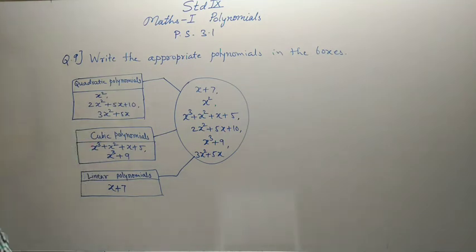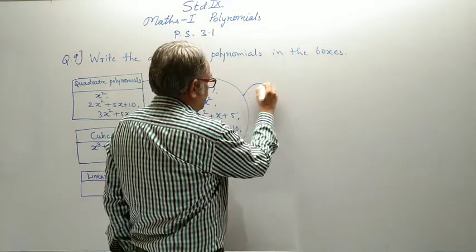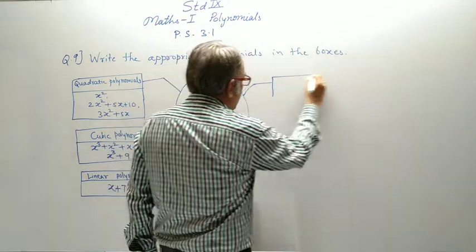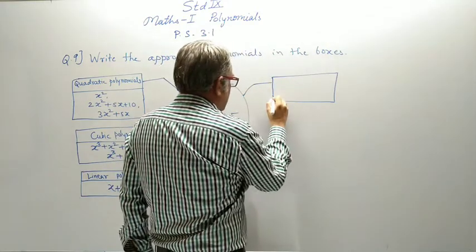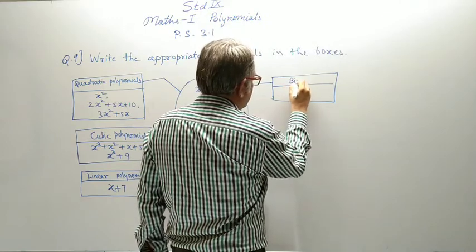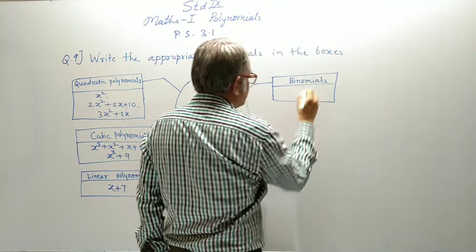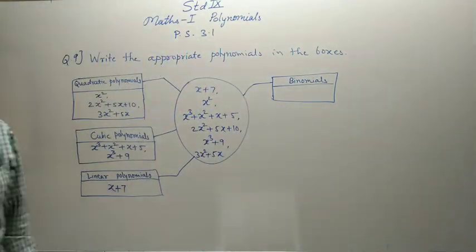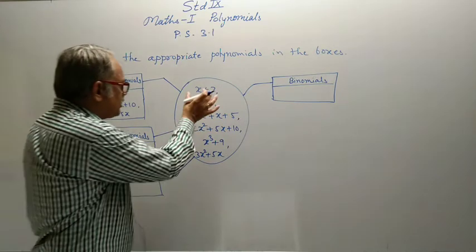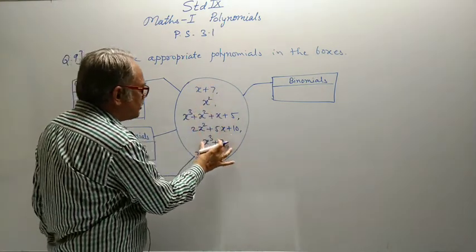Then on the other side, we have binomial. Binomial polynomials means polynomials having 2 terms. Only one plus or minus sign will come, and 2 terms should be there. So which are the binomials? This is binomial, 2 terms. This is also binomial, 2 terms.